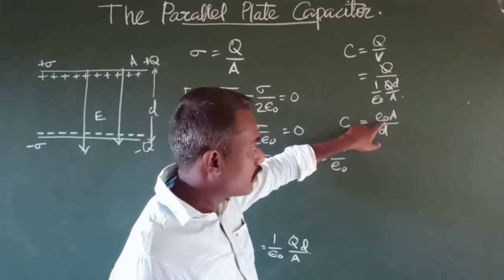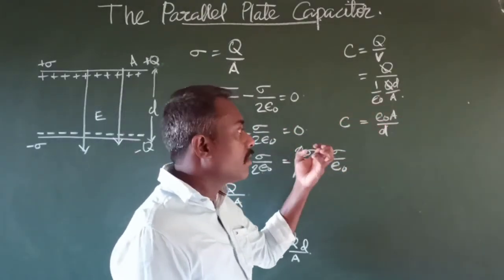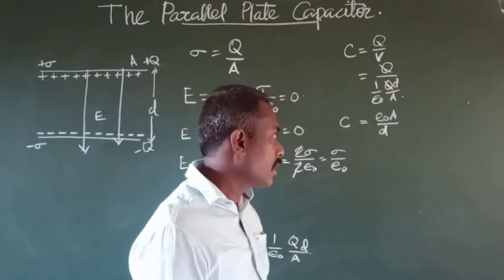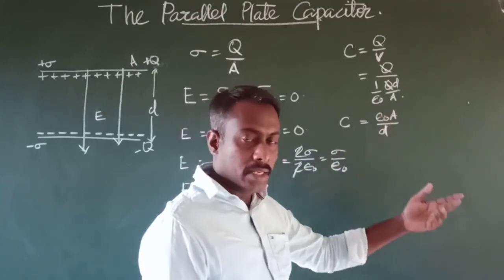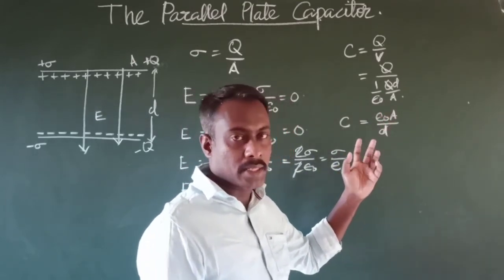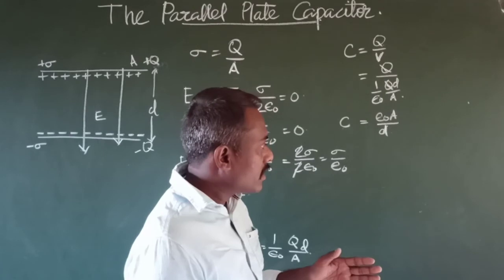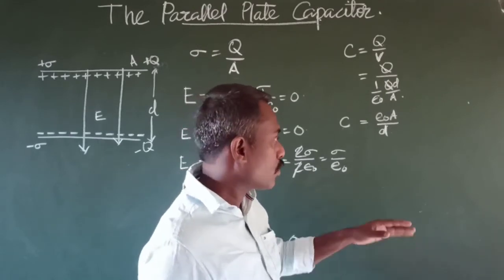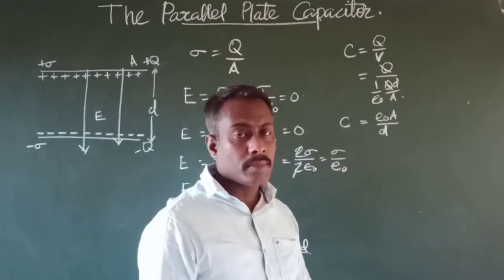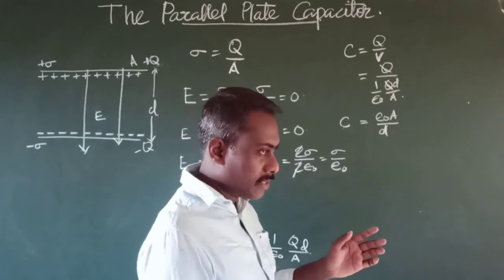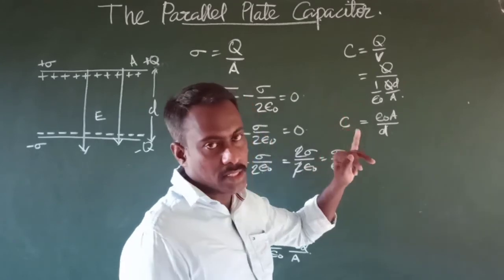Here we have taken the medium as vacuum. As the area increases, the capacitance also increases. And what happens with the distance separating them? If the distance is increasing, definitely the capacitance will decrease. So if the distance is small, then the capacitance is maximum.